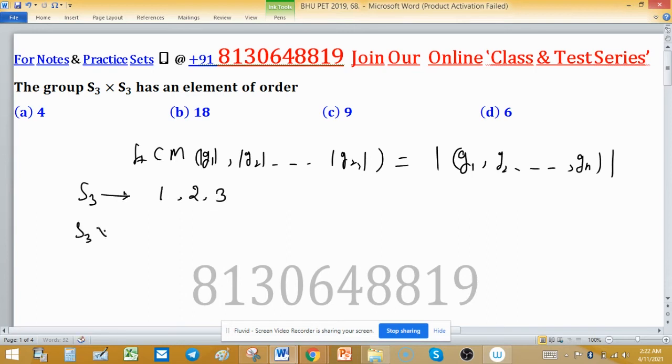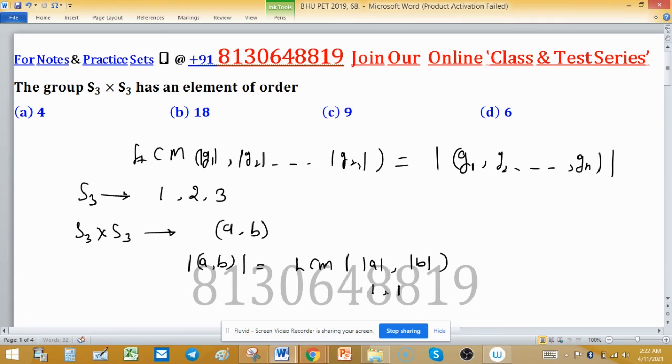So S3 cross S3 will have elements. Suppose this is an element (A, B), then the order of this element will be the LCM of the possible order of A and the possible order of B. We know that the possible orders of A and B are 1, 2 and 3.